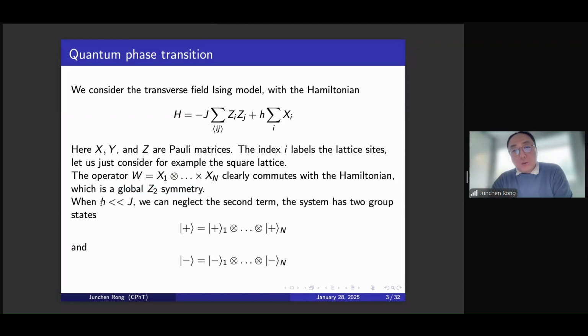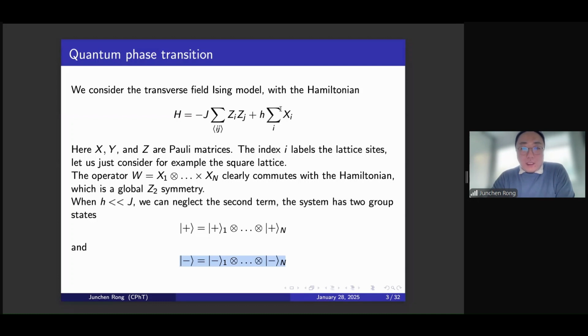For example, when the transverse field is much less than the coupling, you can neglect the second term. You find that basically your system has two ground states. One is where all the spins are pointing in the plus direction. Another is where all the spins are pointing in the minus direction.